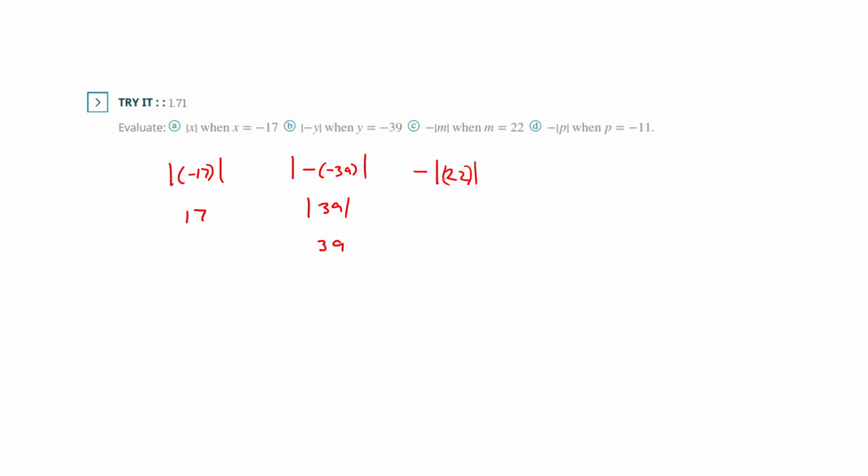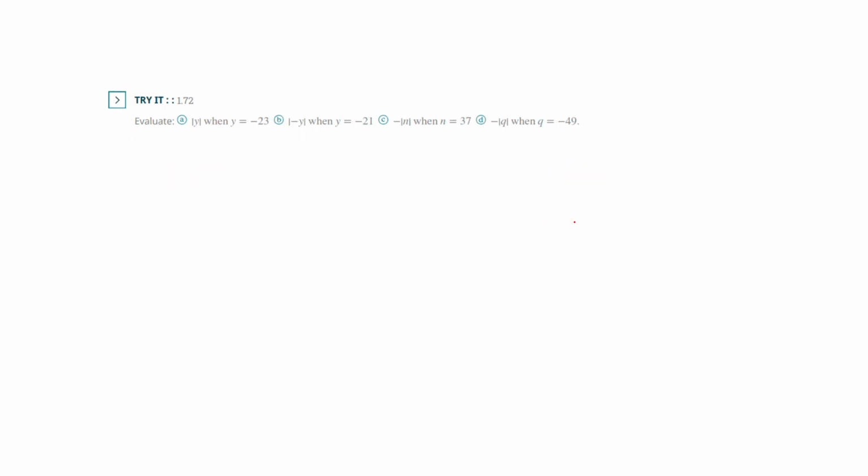Okay, absolute value of 22 is still just 22. Got that opposite in front, the negative. Okay, I'm subbing in a negative 11. So the absolute value of negative 11 is 11. There's a negative out front, and I'm done with that one.